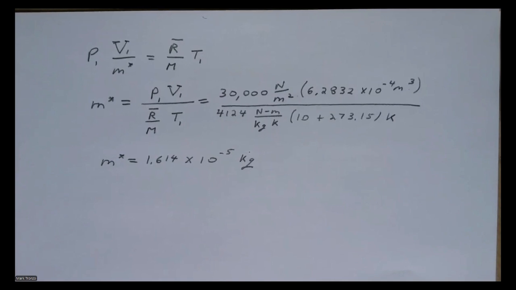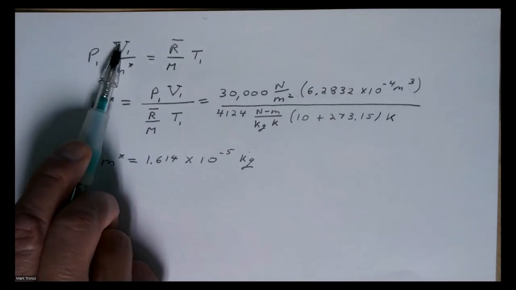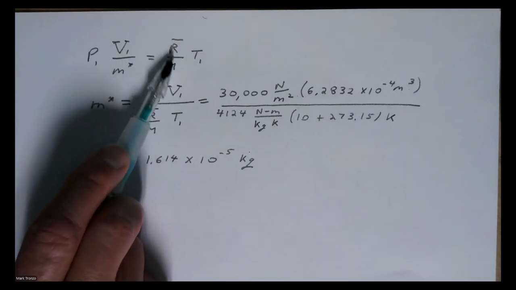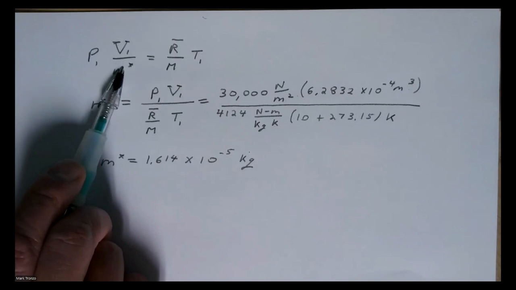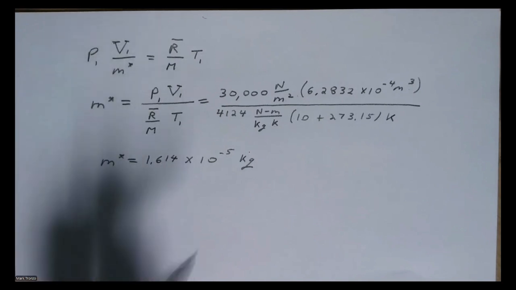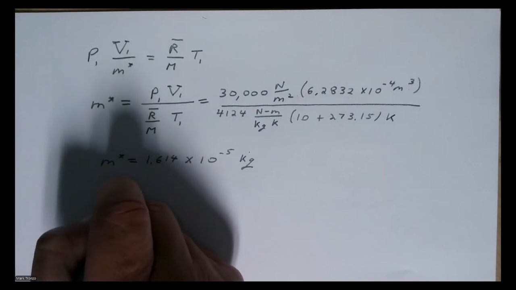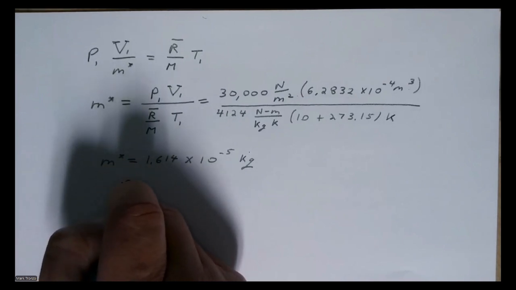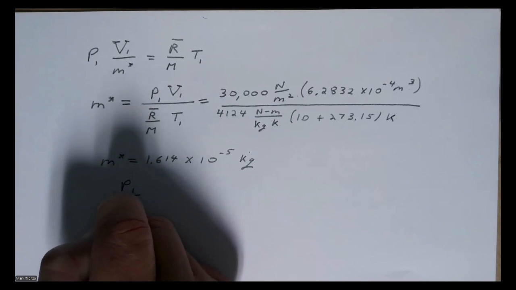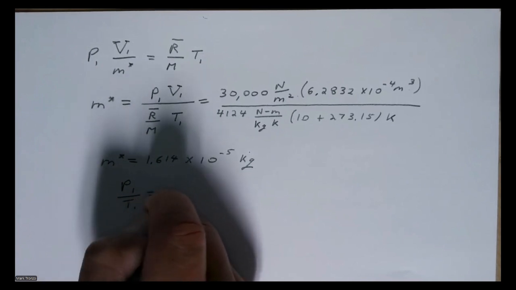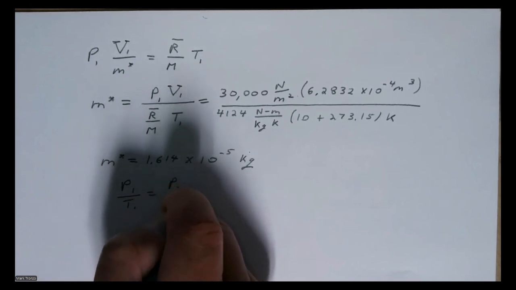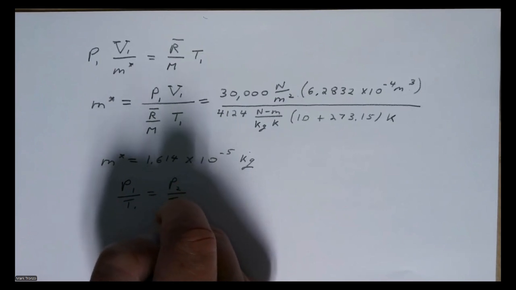In other words, if we have an ideal gas such that the volume and the mass are all the same, then we could actually say that P1 over T1 is equal to P2 over T2.